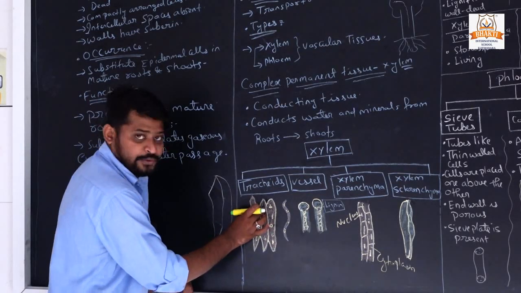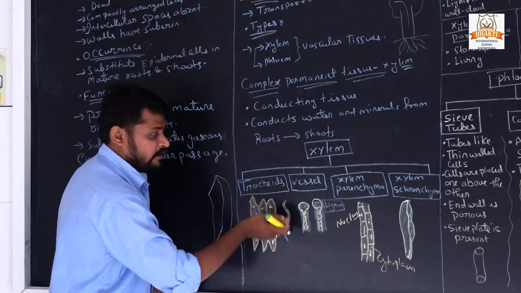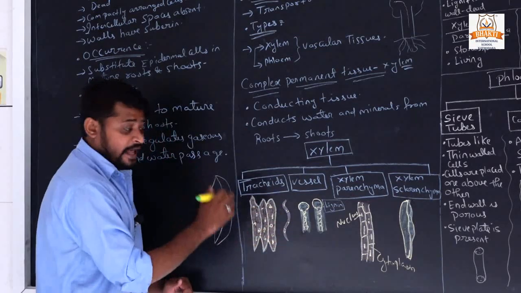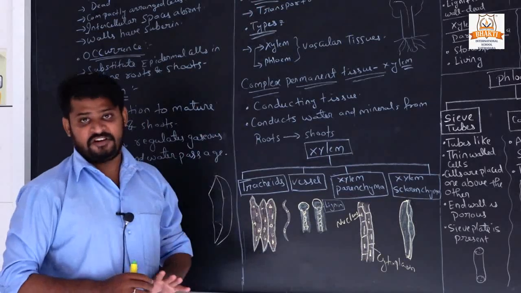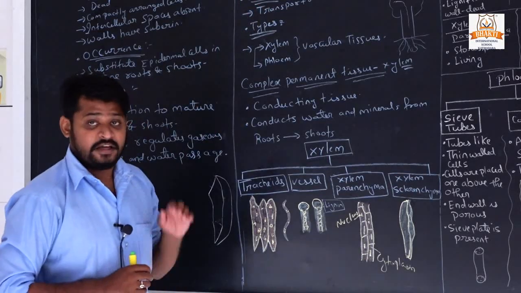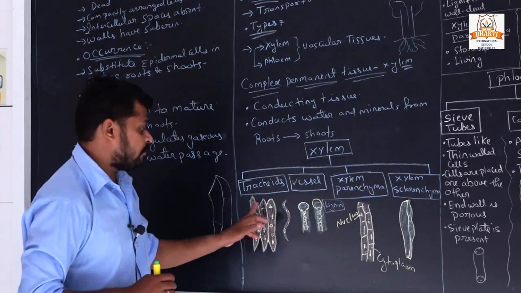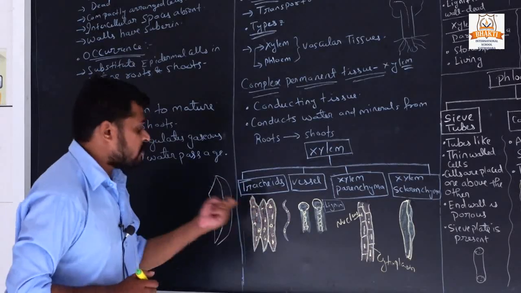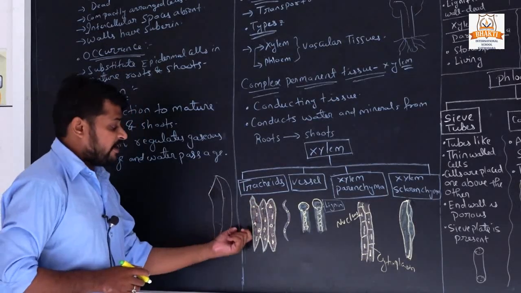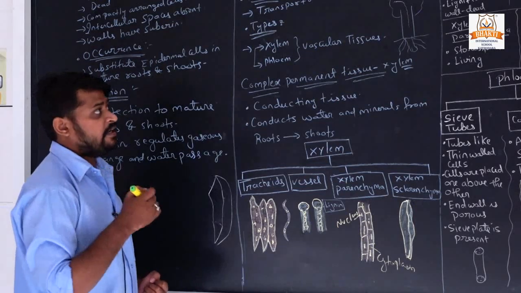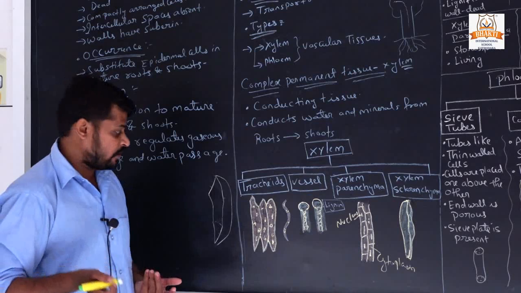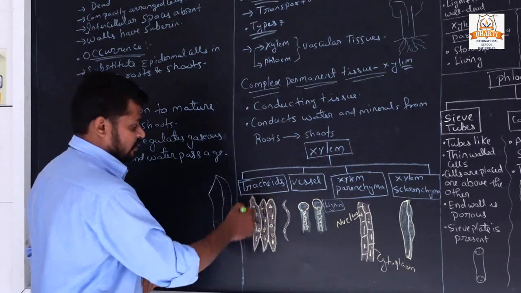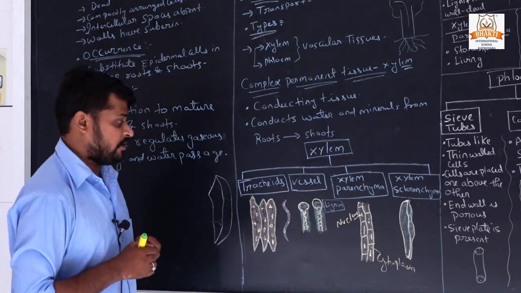Like this it will conduct water from the root to the top part of the leaf, pit to pit. And the walls of the tracheids are made up of lignin. Lignified walls are dead in nature. Okay, so this is the structure of tracheids and their properties.